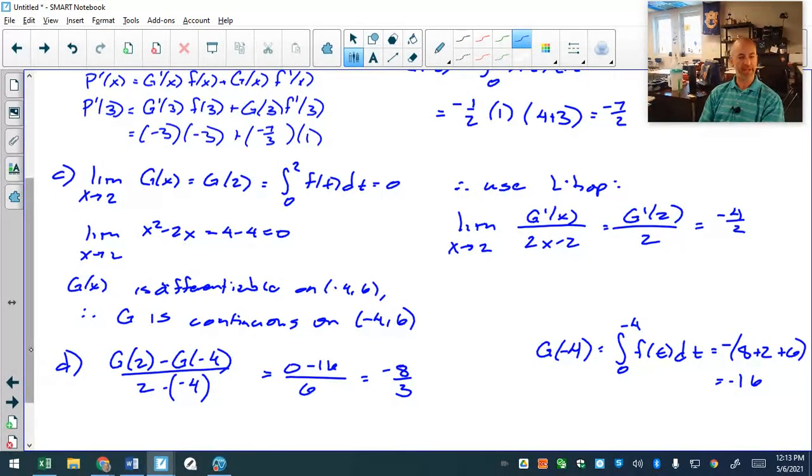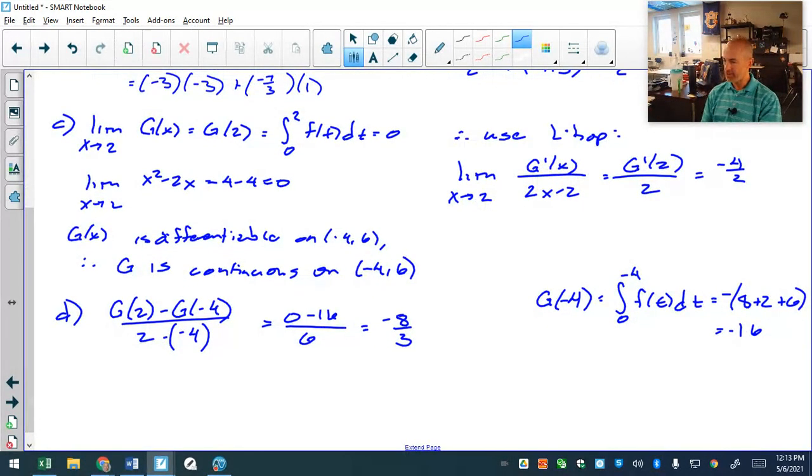They're not asking you to find c, are they? This is what confuses. Usually they ask you to find the value of c. Does the mean value theorem guarantee a value of c for which g prime of c is equal to this average rate of change? Yes, it will. I think all they're asking you to do is establish that g is indeed a differentiable function. Yeah, and I'm going to say yes, it does.